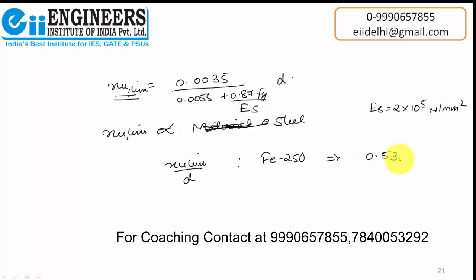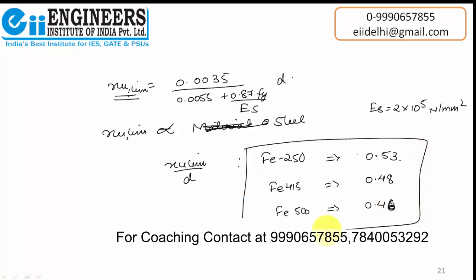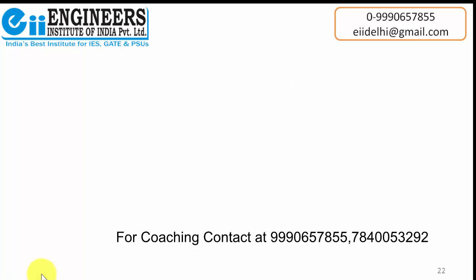Then for Fe 415, this value is 0.48, and for Fe 500, this value is 0.46. For simplification, you should always remember these values in exams because they ask the direct values. If you do not remember these values, then to find Xu limiting you have to waste time in exams. So it's better that you remember these values.